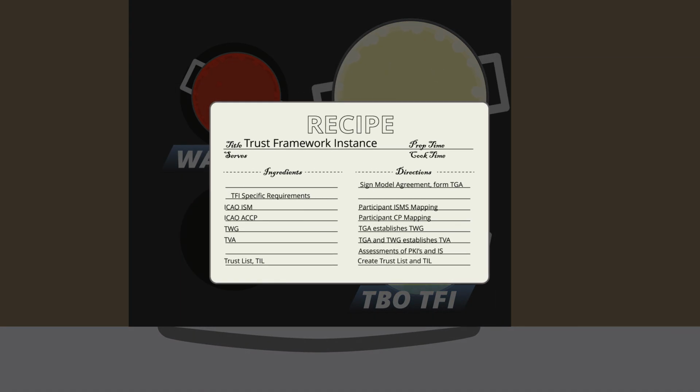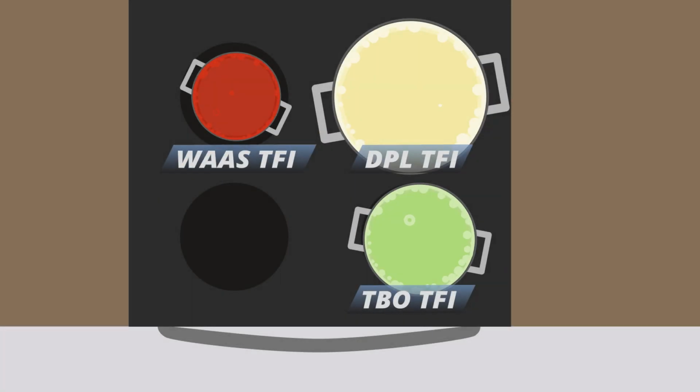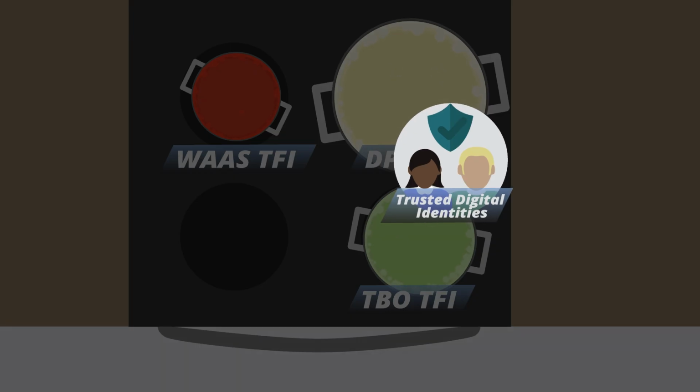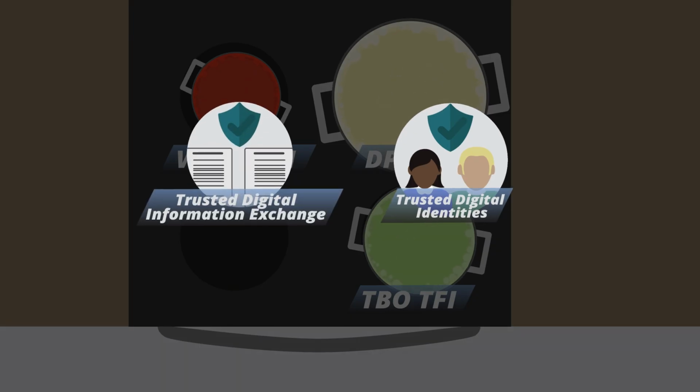However, the information and purpose of each of these use cases, also known as TFI-specific requirements, vary to meet the needs of the TFI. The end result is the delivery of Trusted Digital Identities, or TDI, and Trusted Digital Information Exchange, or TDIE.